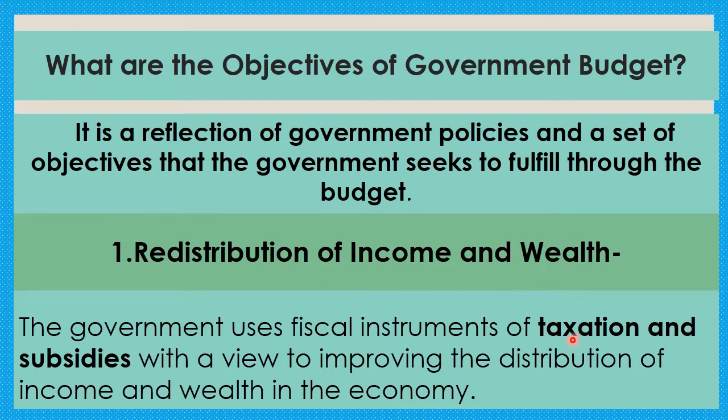The government uses fiscal instruments of taxation and subsidies with a view to improving the distribution of income and wealth in the economy. Here I would like to mention that when the government taxes, the income earned through taxation is redistributed in favor of low sections of society by means of subsidies.